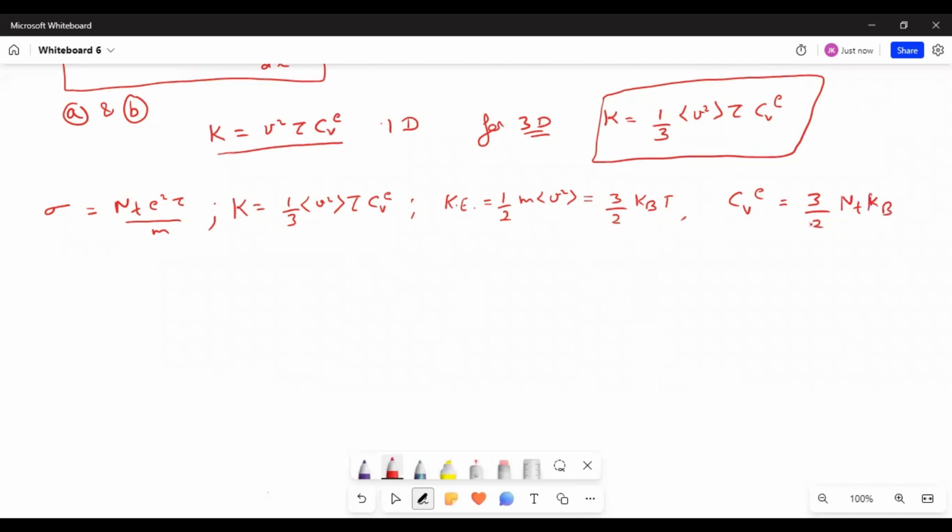Right, these were the values that we estimated from the Drude model.